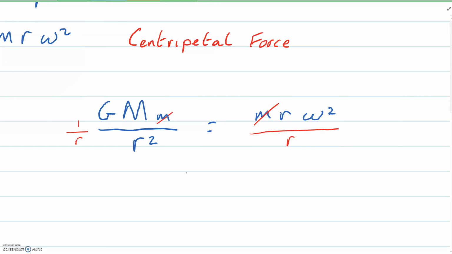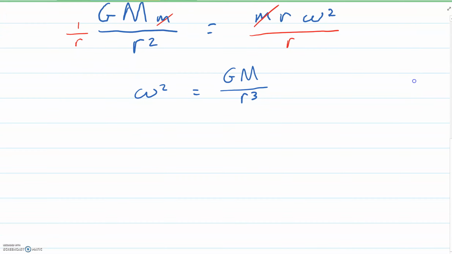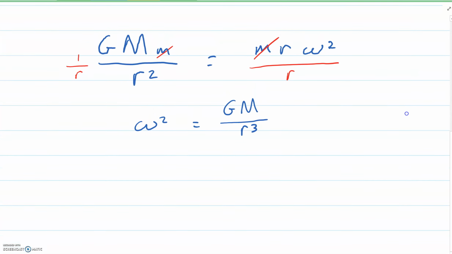Well, it leaves us with, and I'll move the omega over to this side, omega squared is equal to large G, large M, small m is gone, and r times r squared gives me r cubed. So that's a good formula to know in its own right. But we want to go a little bit further here.